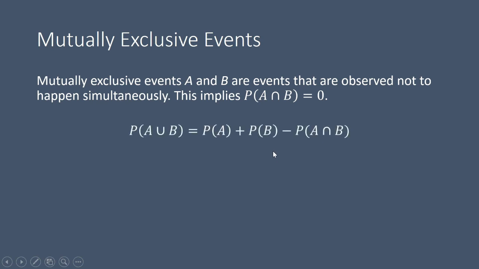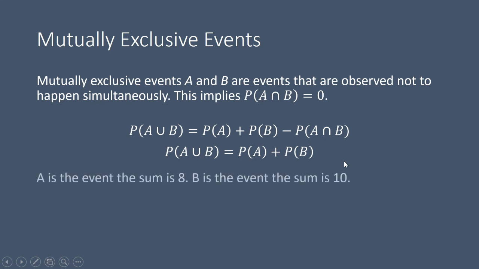And so when we are taking the probability of the union of two events and they are mutually exclusive, this addition rule for the union of events will become simply P of A union B is equal to P of A plus P of B, because P of A intersection B is 0. And we saw this from the problem.